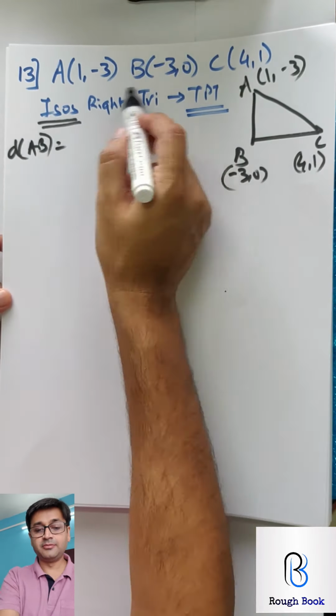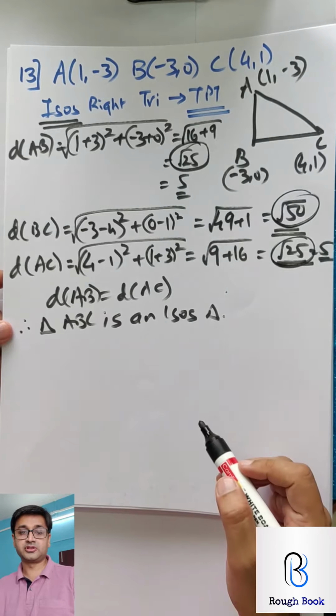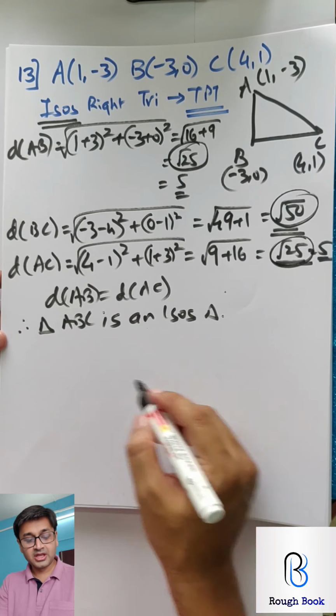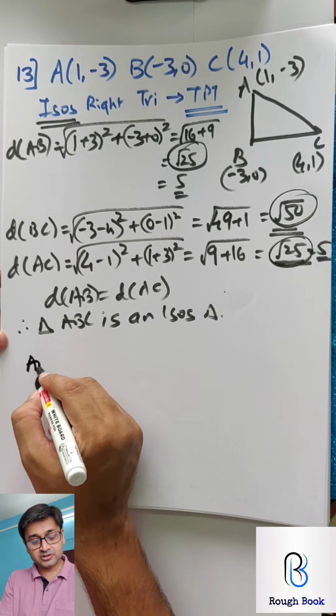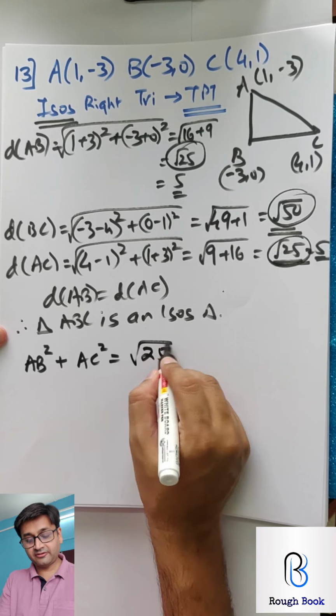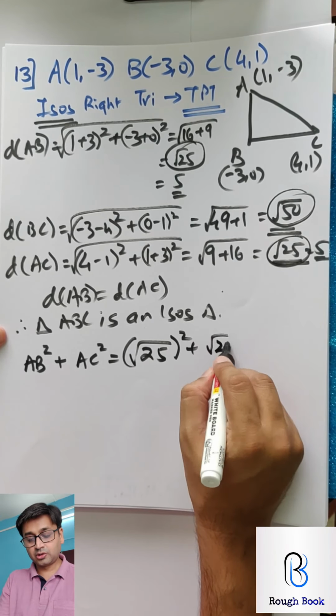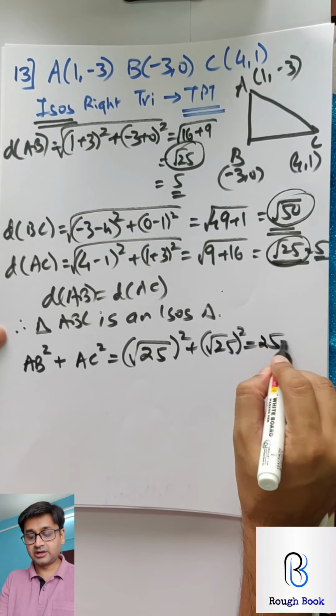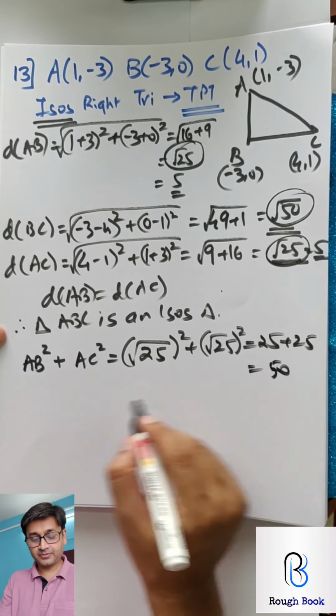So if you look at these two, the total of their squares will be equal to the total of this square. That's your Pythagoras theorem. So you can say AB square plus AC square is equal to root 25 the whole square plus root 25 the whole square. So that is 25 plus 25, 50.